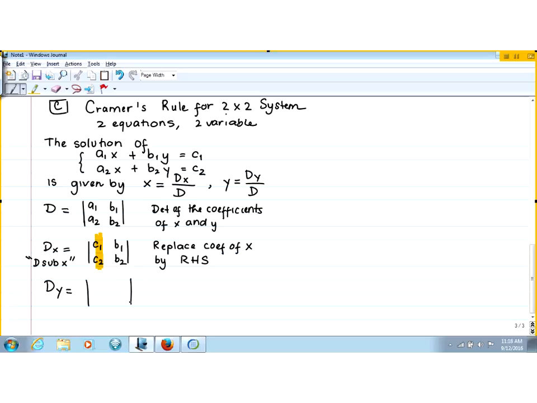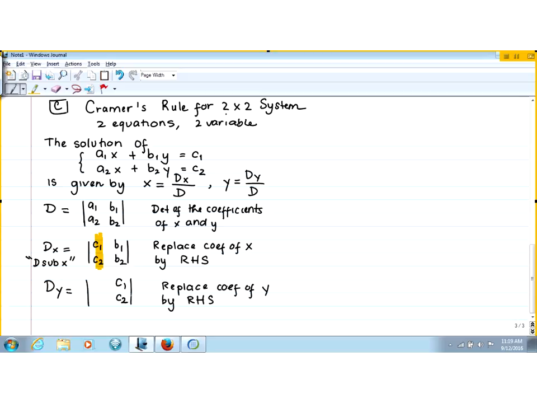Now, if we apply the same thing to d sub y, can you tell me what it is? So what do we do to get d sub y? Replace the coefficient of which one this time? Y, by the right hand side. Okay?